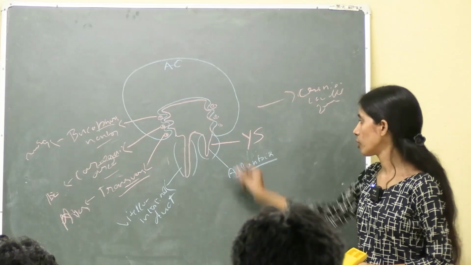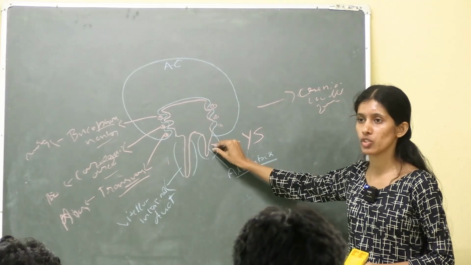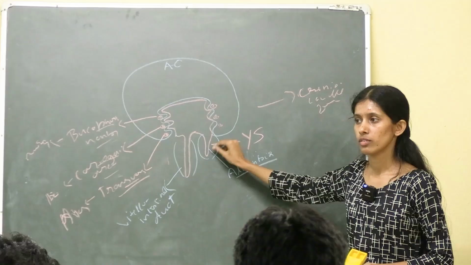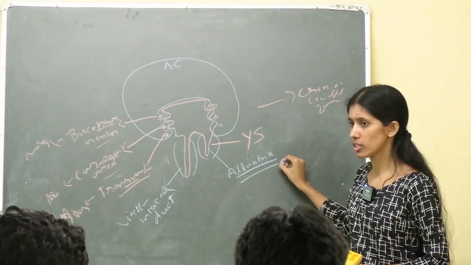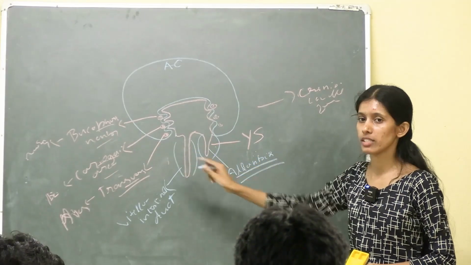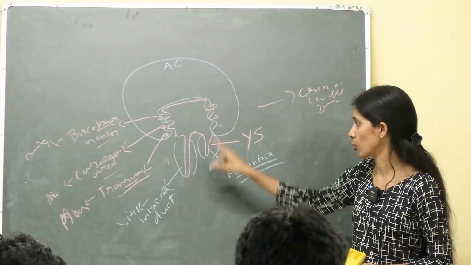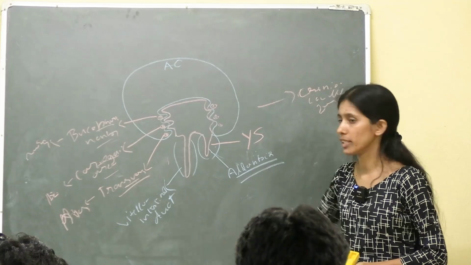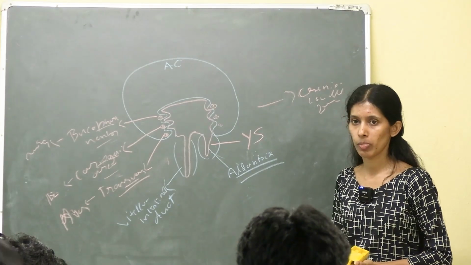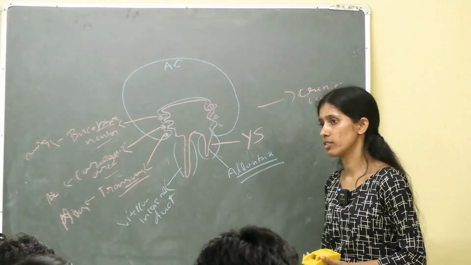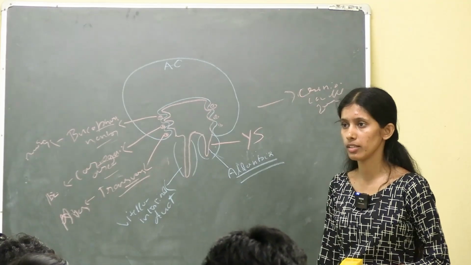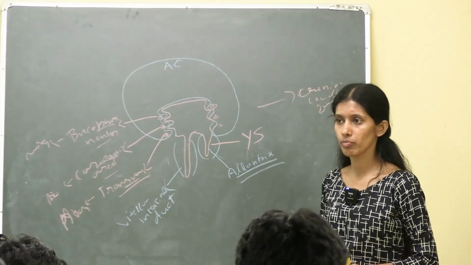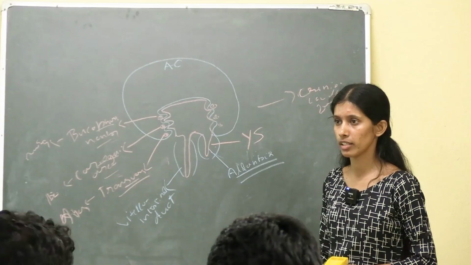Before we have seen only one projection from your yolk sac, that is allantois, but in this section we are seeing two projections from the yolk sac. One is allantois and the other one is intestinal duct. Is it clear for everyone until here?